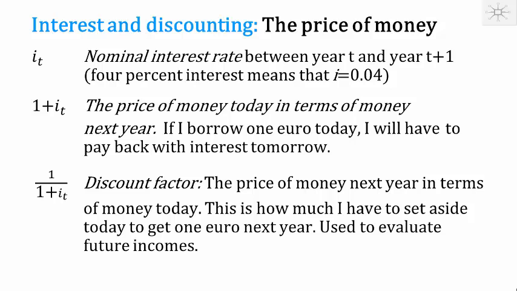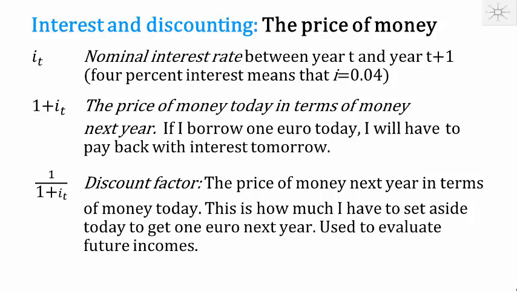But when we're talking about relative price, we can also put it on its head. And we could say, what's the price of money next year in terms of money today? Well, that is the discount factor. 1 over 1 plus i, that is how much money next year is worth in terms of money today.